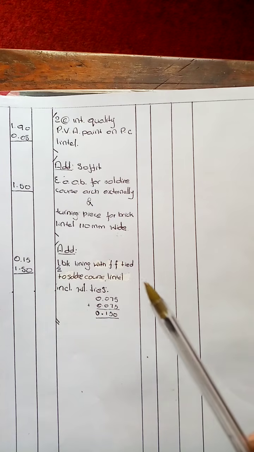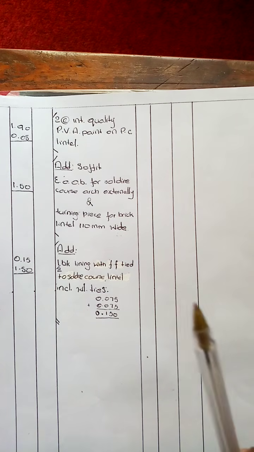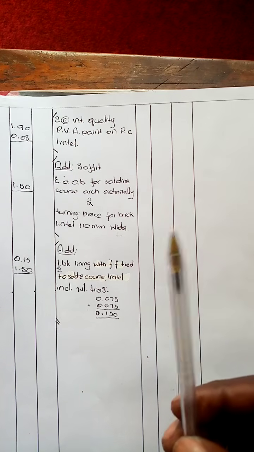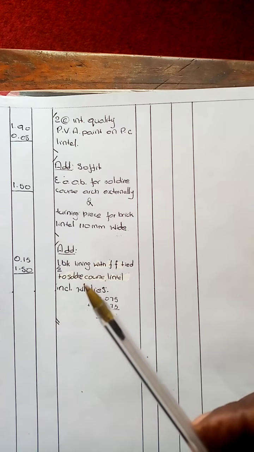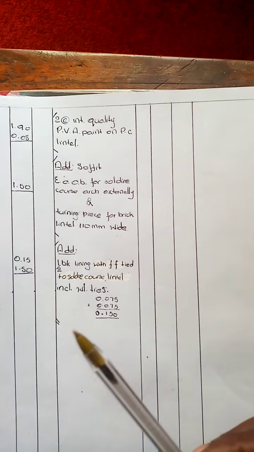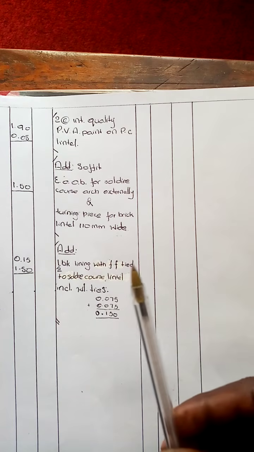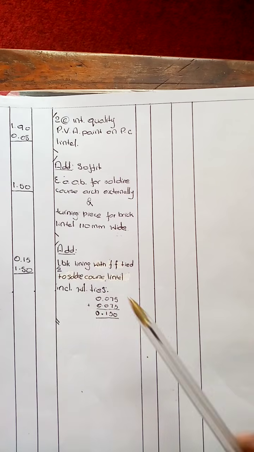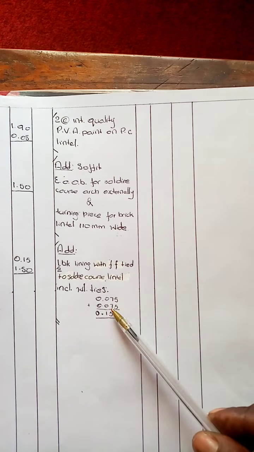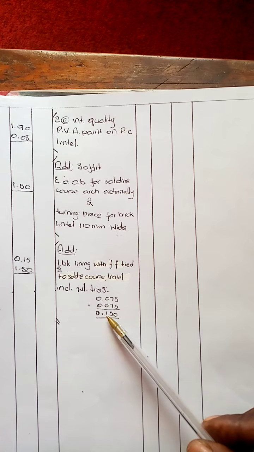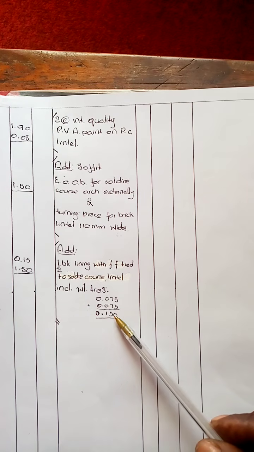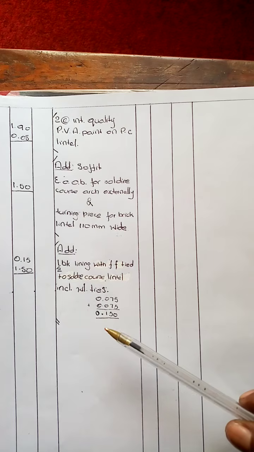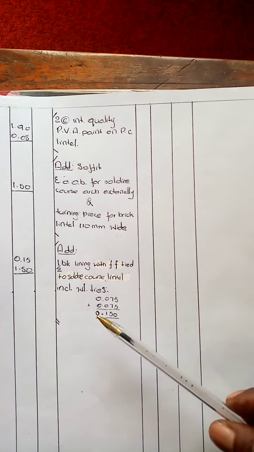Now, after you laid that soldier course next to the lintel, above the lintel you need to close that space with at least 2 courses, which is 75 millimeters plus 75 millimeters, which is going to be about 150 millimeters above your lintel. That is what you need.